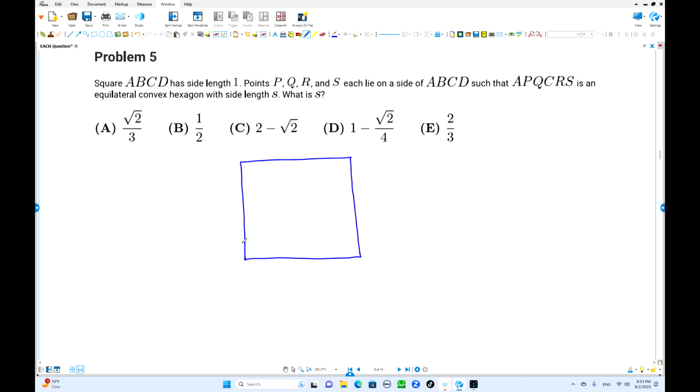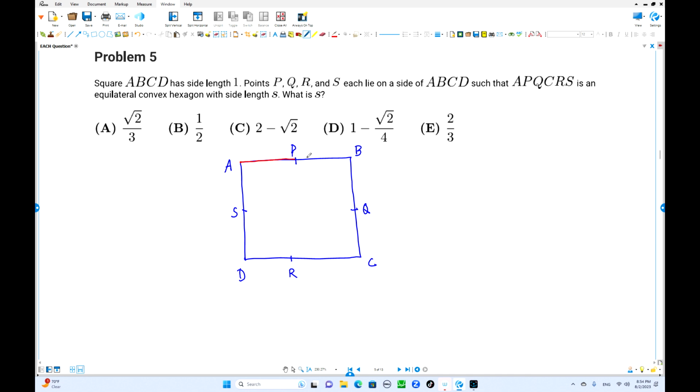Okay, so I can say A, B, C, D. Points P, Q, R, S on each side, maybe to make a regular hexagon, right? P is over here, the next one up here, Q, and R, something like this, and S over here, approximate. So maybe we can connect all these points.